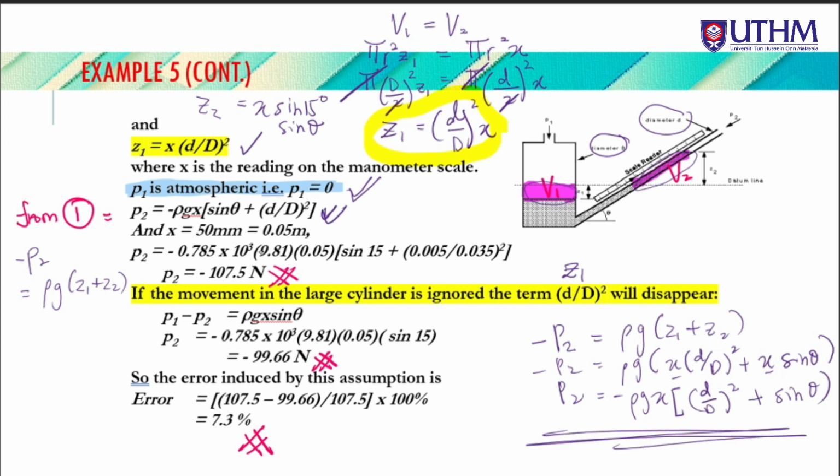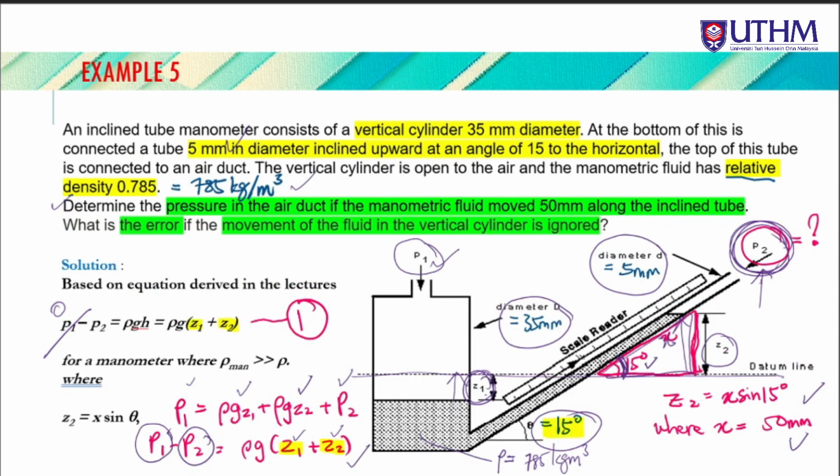Okay, so then we replace X equals to 50 mm, kita convert kepada SI, divide by 1000, kita akan dapat X equals to 0.05 meter, and then kita replace, and then theta pun kita tahu 15 degree dia punya angle.